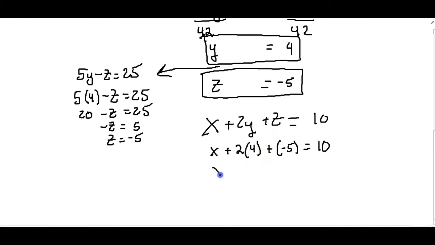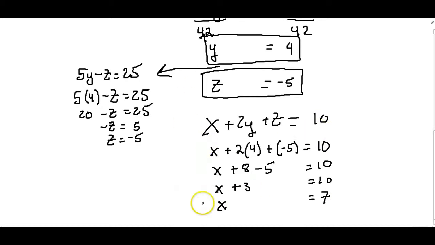Simplify. We have x plus 8 minus 5 equals 10. 8 minus 5 is 3. So we get x plus 3 equals 10. X equals 7.